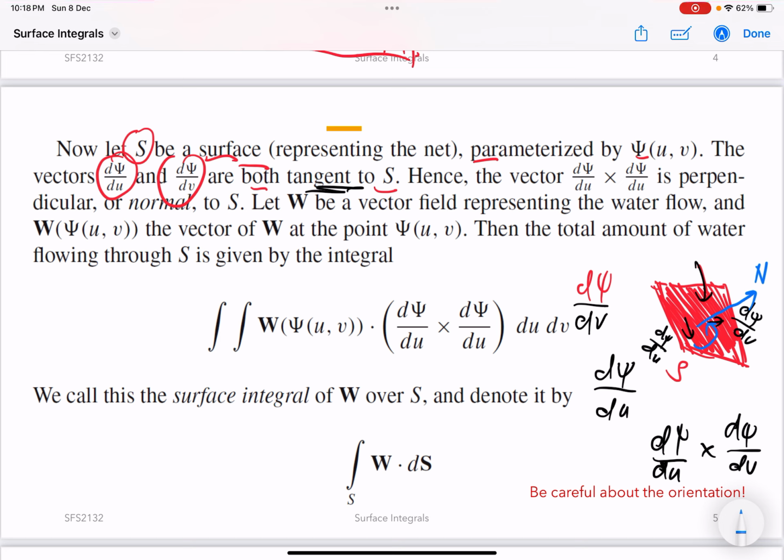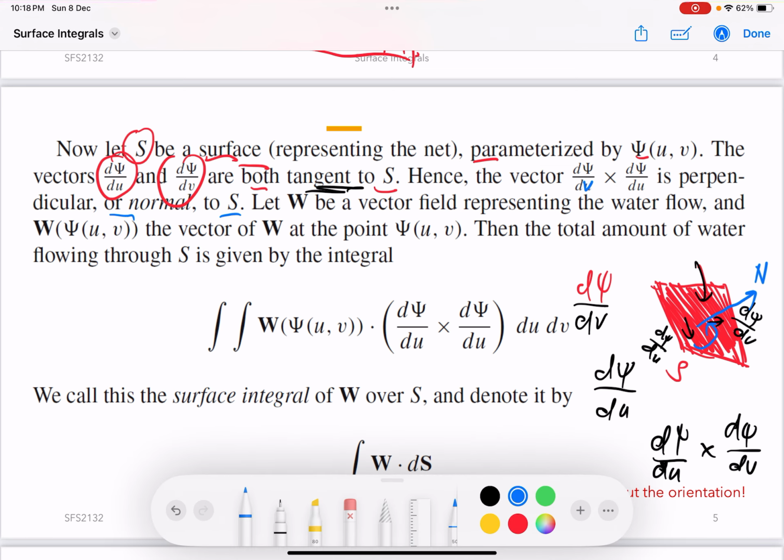This one should be du, sorry for the mistake in the writing. It is perpendicular or normal to S, right? Definitely. So this is S, your surface, and N is perpendicular to S.